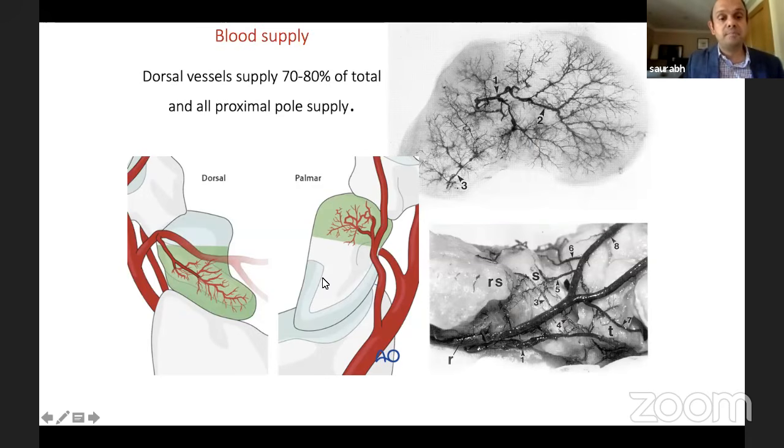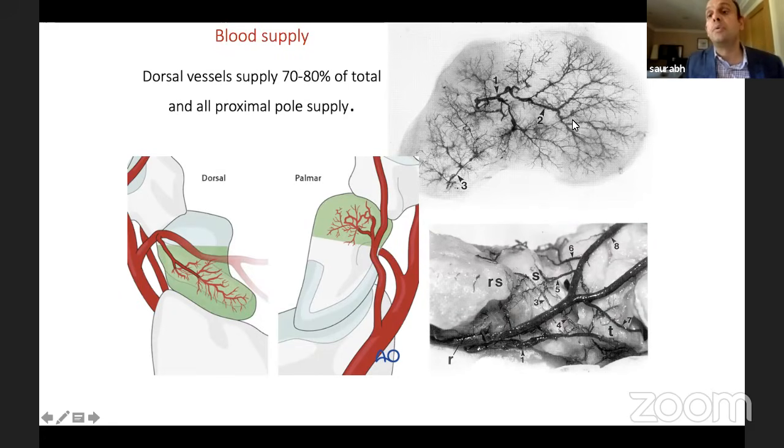You can see this is the dorsum, that's the dorsal carpal branch, and it's giving this blood supply to scaphoid. And what you see here is all the supply is retrograde, coming from the waist area. There's a ridge at the back from where it comes. Similarly, if you see here, all the supply right from there is retrograde. So if there was a fracture here or at this area, this blood supply goes.